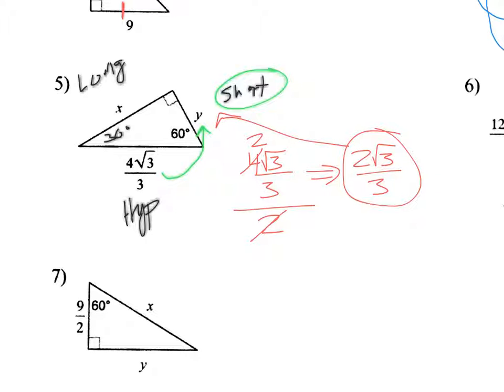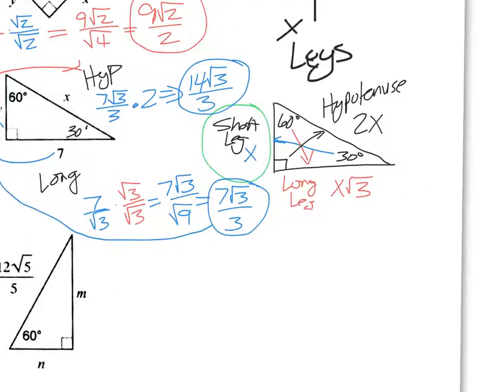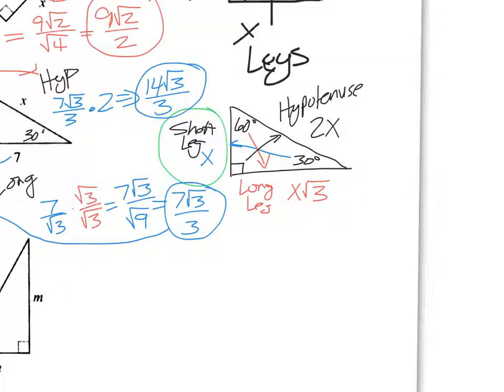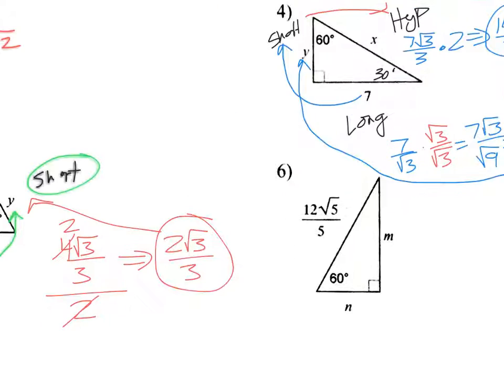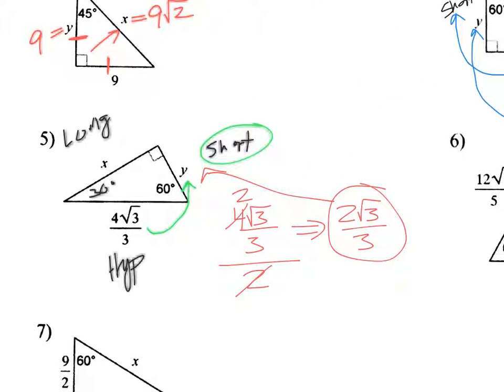Now, how do I get from short leg to the long leg? Well, let's come back over here. Short leg to long leg, I multiply by square root of 3. So I have to take this value right here that I just found, let me write this in blue, 2 square root of 3 over 3 times square root of 3.